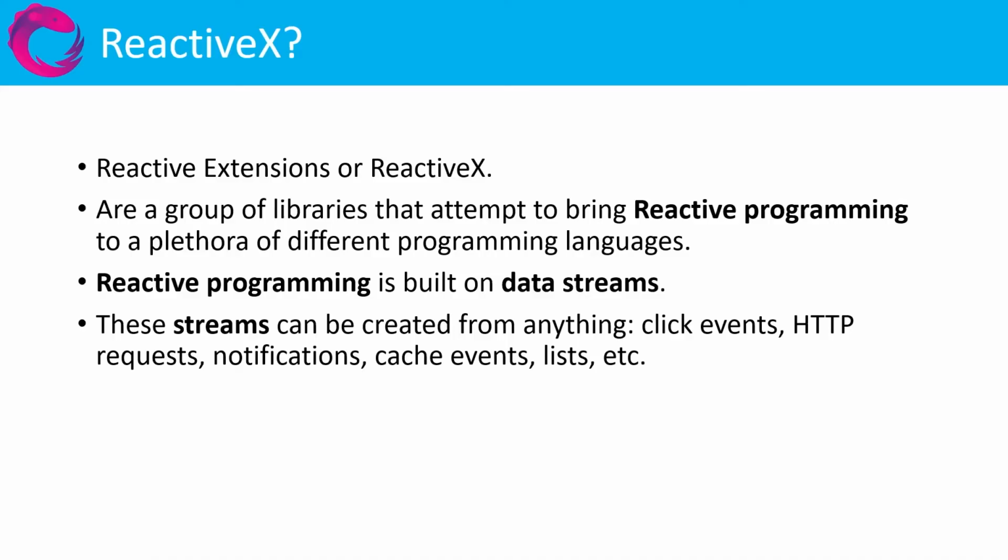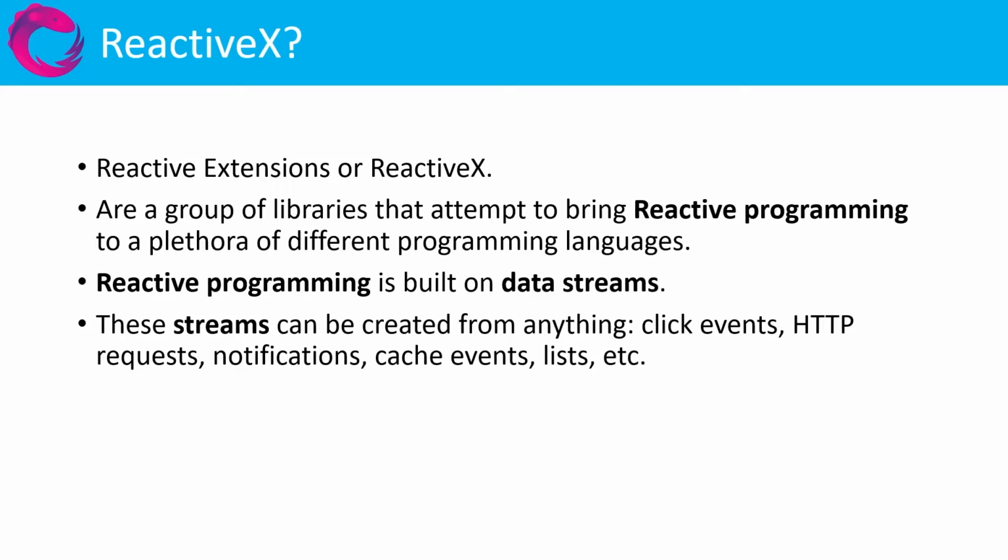Now, RxJS is actually part of an even bigger group of libraries called Reactive Extensions or ReactiveX, and these libraries attempt to bring reactive programming to a plethora of different programming languages. And reactive programming itself is built on data streams, and these streams can be created from anything so long as they can create a sequence of values.